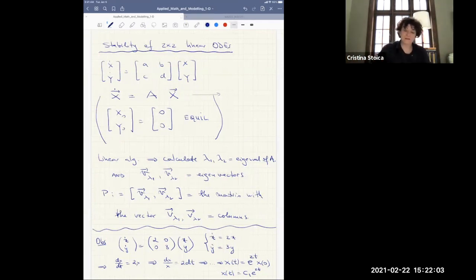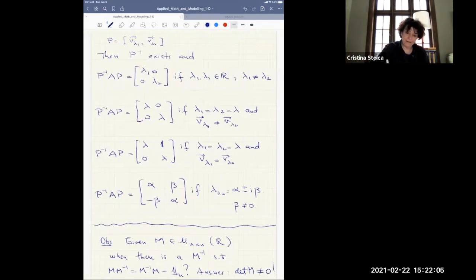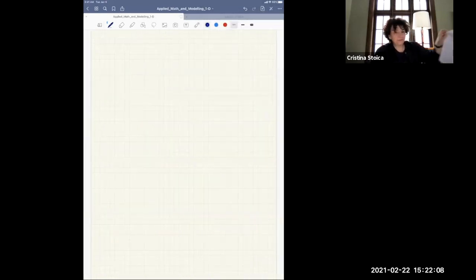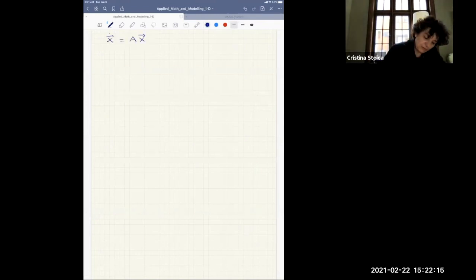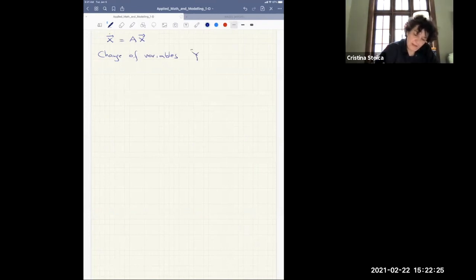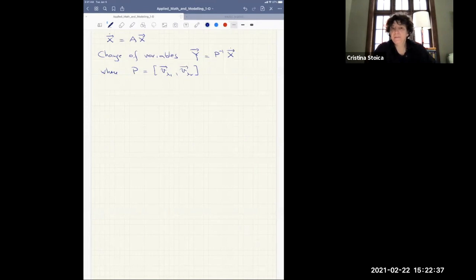Okay, so for the next step, I'm going to propose a change of variables: y equals P minus 1 x, where P is the matrix that I just talked about on the other page.